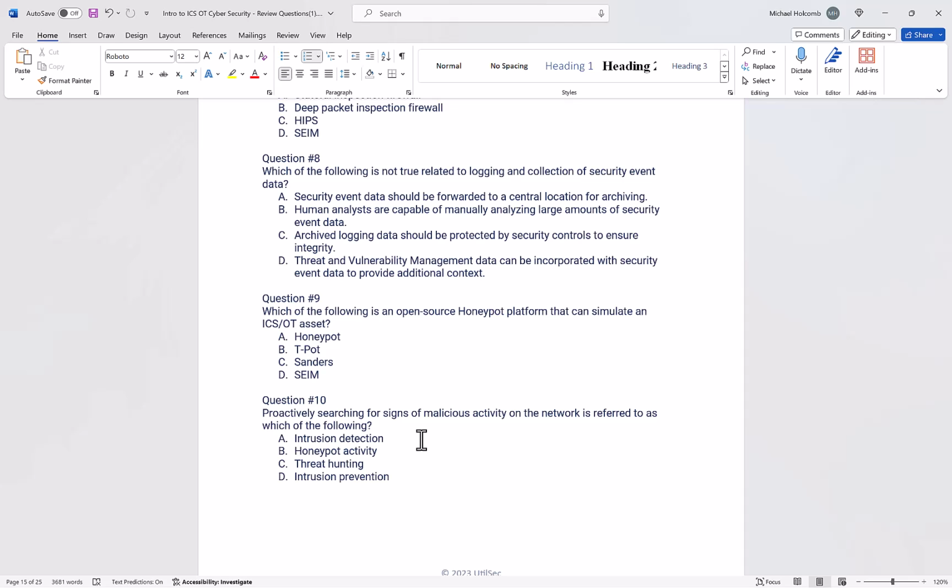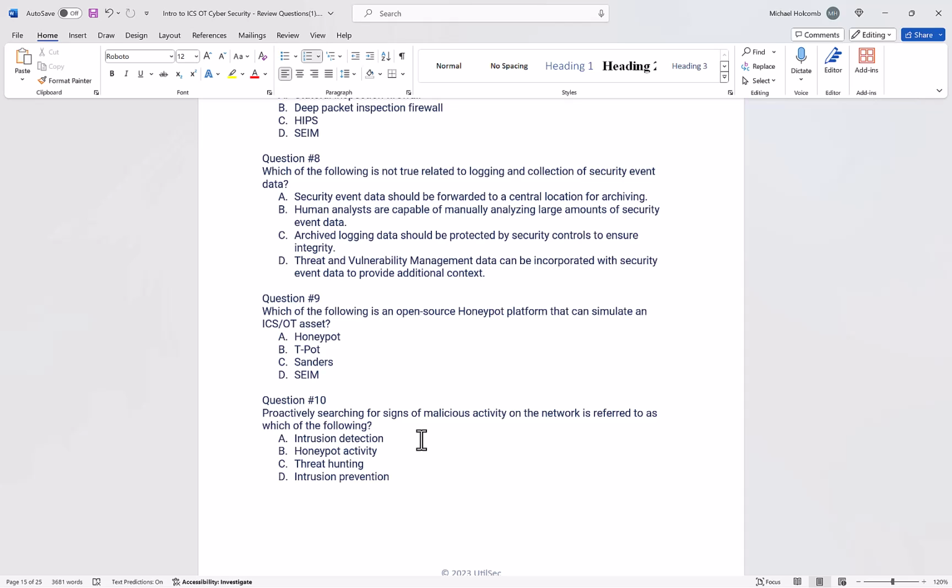And then question 10, proactively searching for signs of malicious activity on the network is referred to as which of the following? The key is proactively searching. When we talk about intrusion detection or even intrusion prevention, those are usually more default searching, if that makes sense.